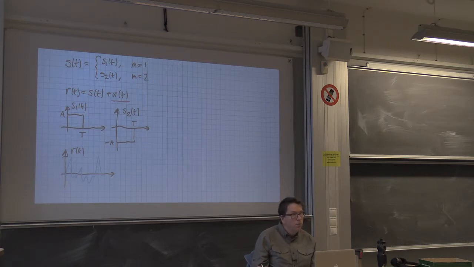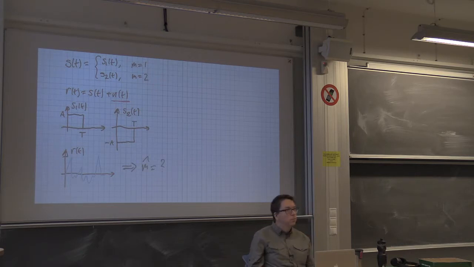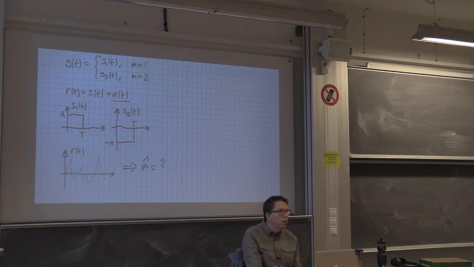Now, if you were the demodulator here, what should you do? Well, the demodulator looks at this blue, that's the received signal, and has to figure out what M is. So M hat, what should it be equal to? So if you were the demodulator, what would you do?